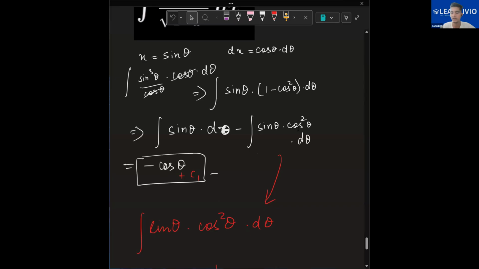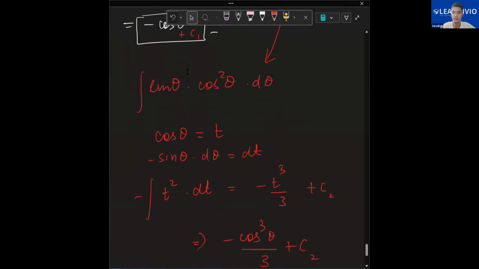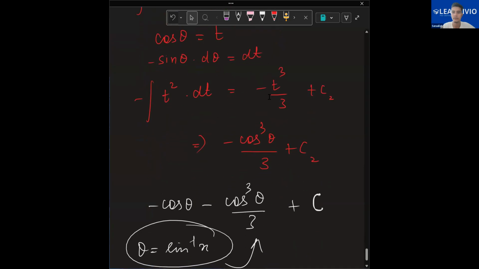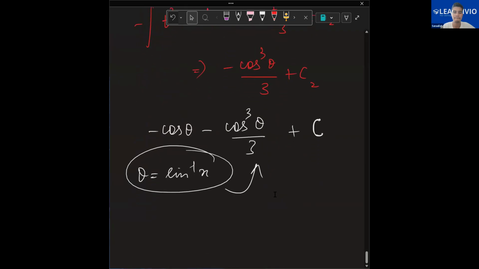And for this sin theta cos theta, I again substituted something like if I'm having this square thing, है ना? जब भी हमारे पास ट्रिग्नोमेट्री में कोई स्क्वायर आता है, so always try to substitute it to something so that उसका डेरिवेटिव आपके पास ऑलरेडी इंटीग्रल में दिया हो. So if I substitute cos theta as t, I will get this differentiation as minus of sin theta d theta and t is going to be dt. So after that I will put in this and then I will get this answer. Okay, is it clear? Yes, sir.